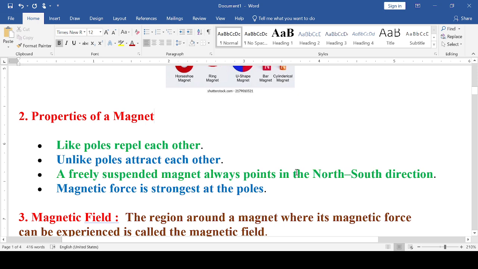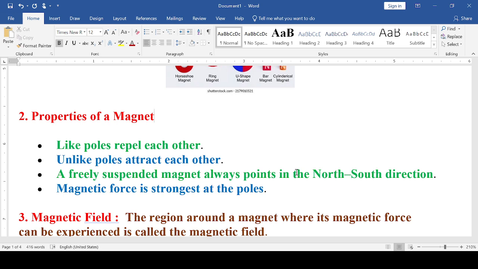A freely suspended magnet always points in the north-south direction. If a magnet is given and you want to find out the poles of the magnet, you take a thread, tie it at the center and leave it freely suspended. After some time it will come to rest.